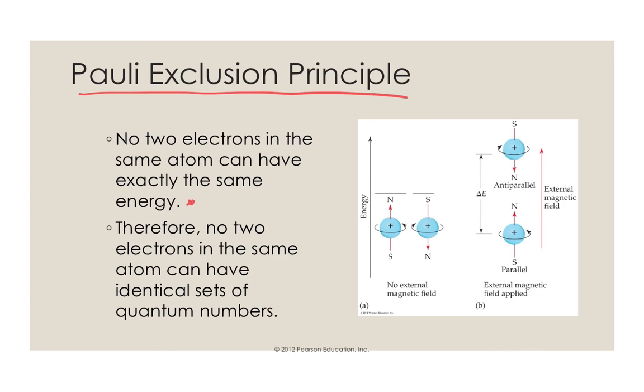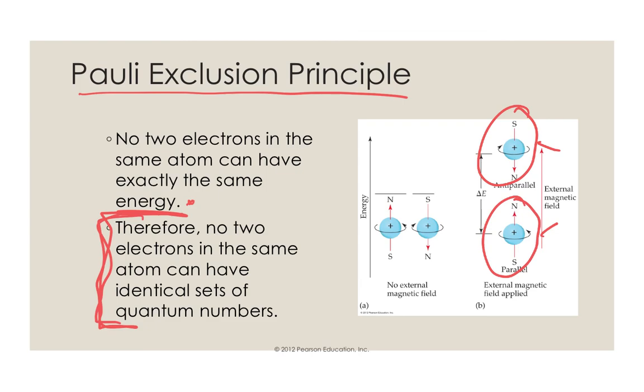Even if they're in the same energy level, the same sublevel, and the same orbital, one spins one way, one spins the other way, giving them slightly different energies. And so no 2 electrons in the same atom have the same energy. Okay? So therefore, no 2 electrons have the exact same set of quantum numbers.